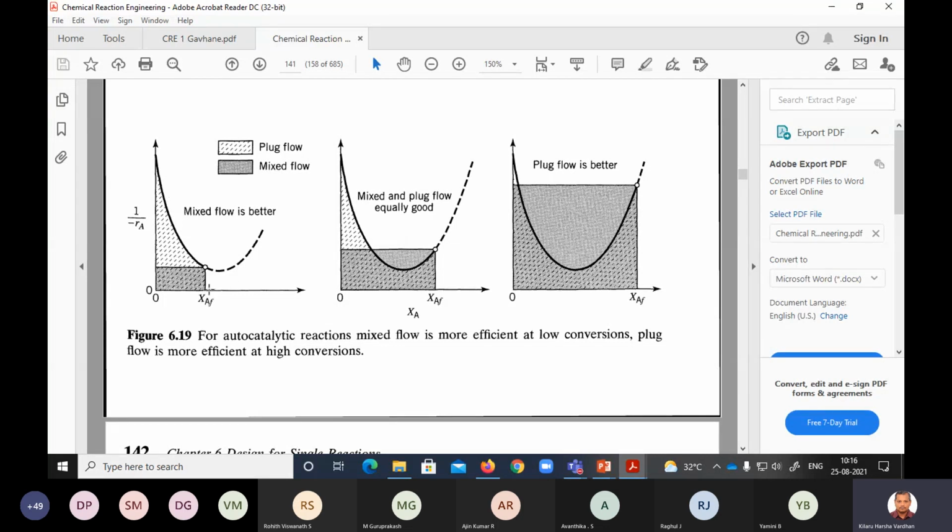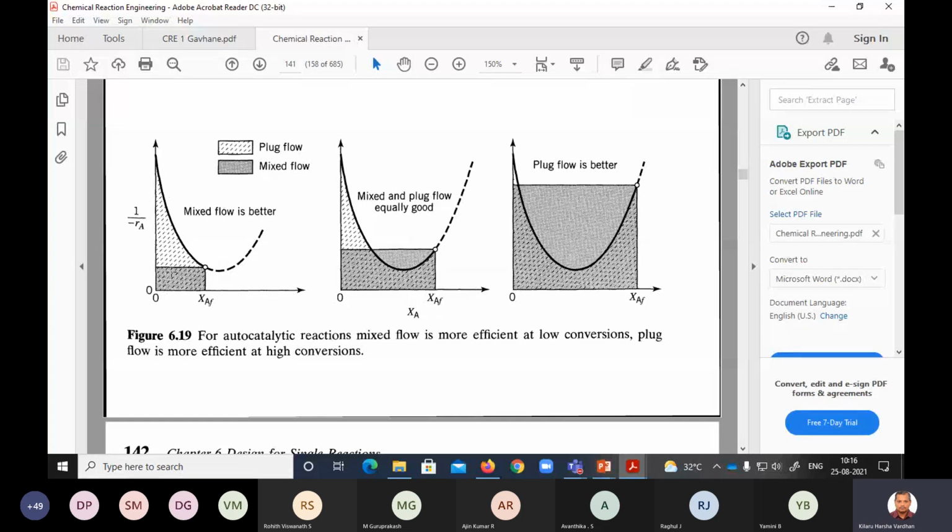Now for this conversion, which reactor is better? Where is the volume more? Plug flow has more volume than the mixed flow. So if you want a conversion here, then a mixed reactor is always better for this kind of conversion in an autocatalyzed reaction, because the volume is less.